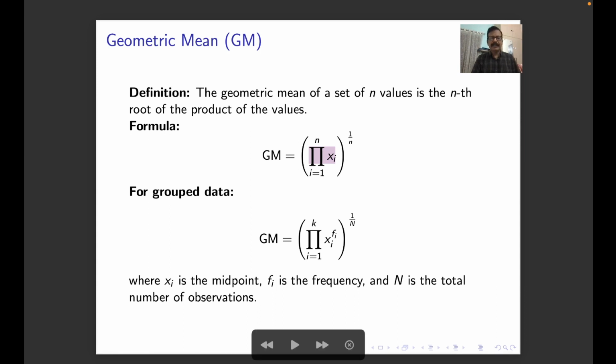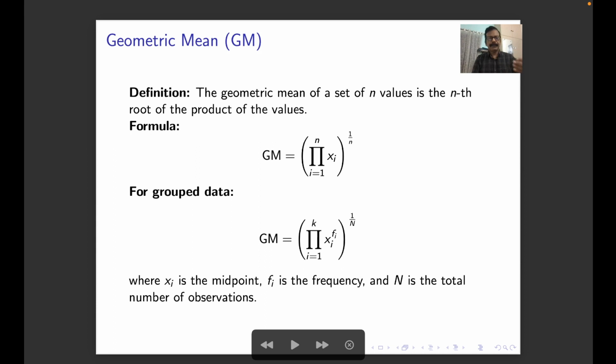For a grouped data, in the sense a grouped frequency distribution or a continuous frequency distribution, in the discrete case we have discrete values x1, x2, etc. xk for example.